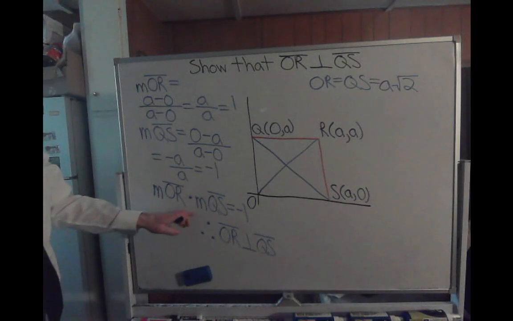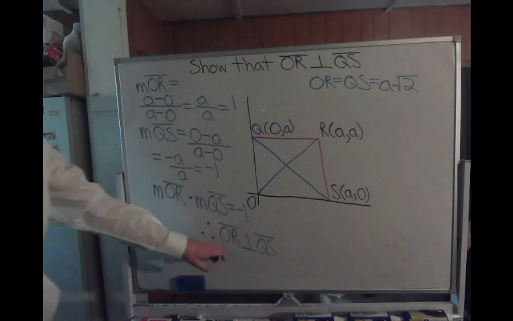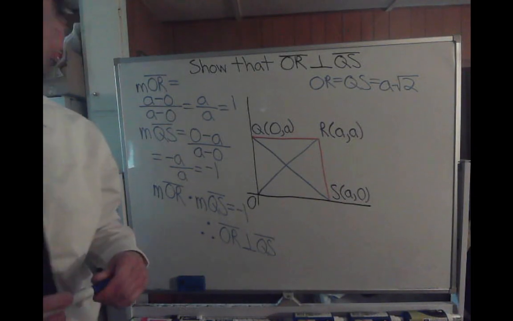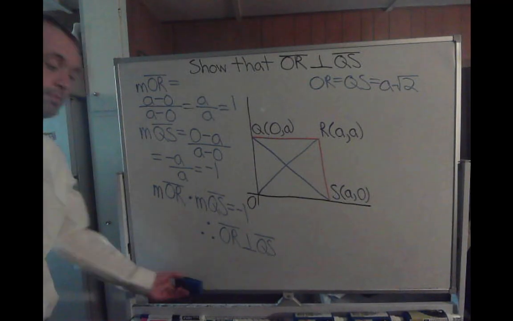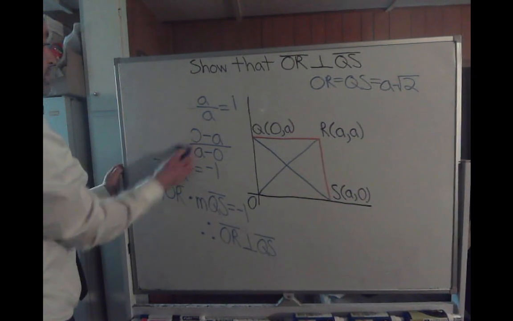So since the product of their slopes equals -1, therefore diagonal OR is perpendicular to diagonal QS. That's what enables us to say that. Alright, one more thing we got to prove with this, then we move on to a trapezoid example.